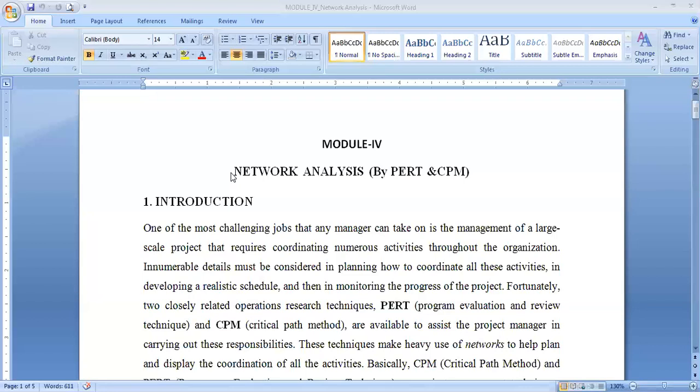Means everything is available in a system and only the raw material is made to flow through that system. That is production. But in case of a project, what happens?